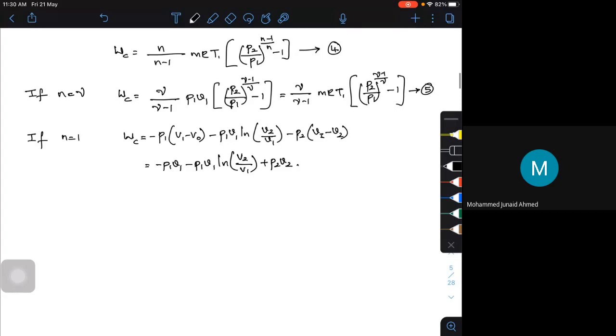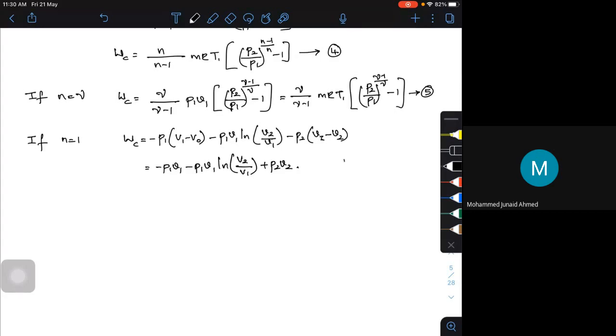Okay, here what will happen? Here P1 V1 is equal to P2 V2 because PV is equal to constant. So automatically these things simply cancel out. I am left with only, see why this minus? Minus is because of the compression. That's it.